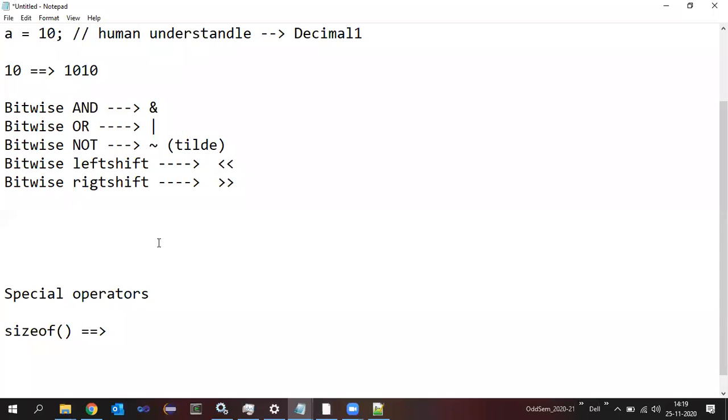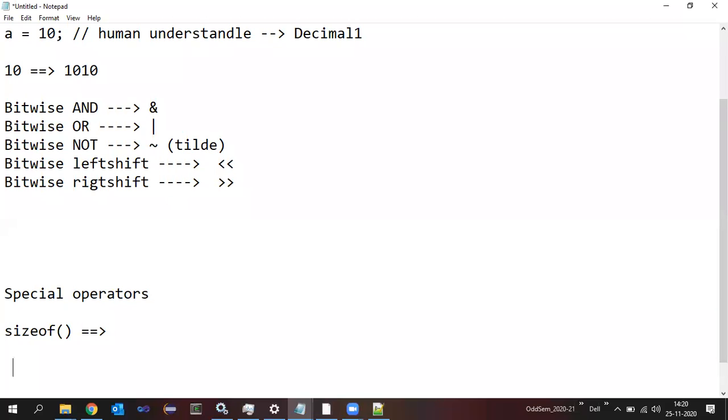Suppose there is an integer variable and we want to know its memory size. If I use this operator with that variable, it will let me know the size of that variable. If there is a character, a float or a double variable, then if I use this operator, it will give me the memory required to store that particular data type.